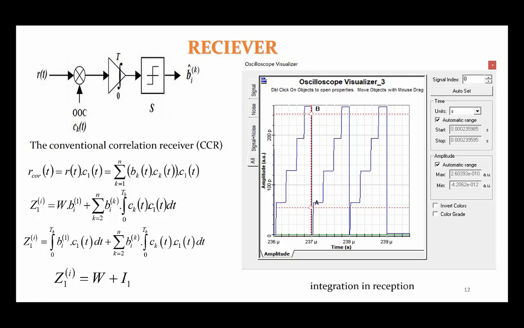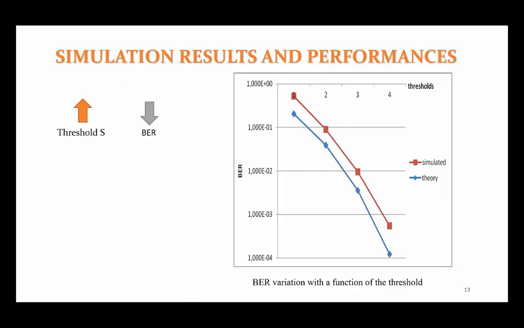The values A and B represent respectively the thresholds 1 and 4. We can see that the performance decreases when the threshold goes up. There is a trade-off between the threshold and the performance. The results show that our system has relatively the same performance as the theory.